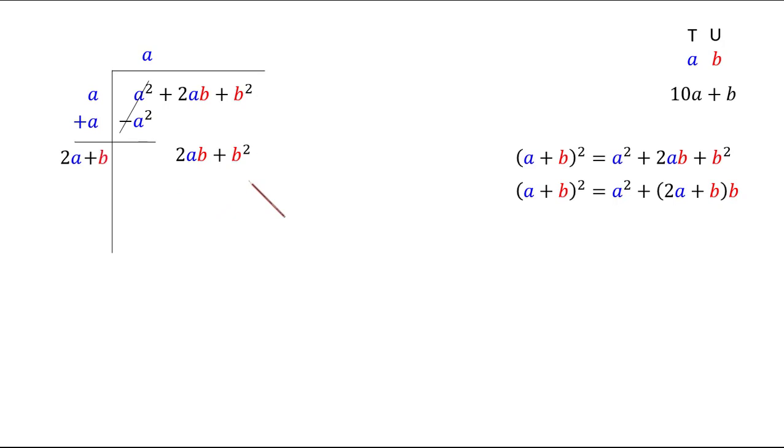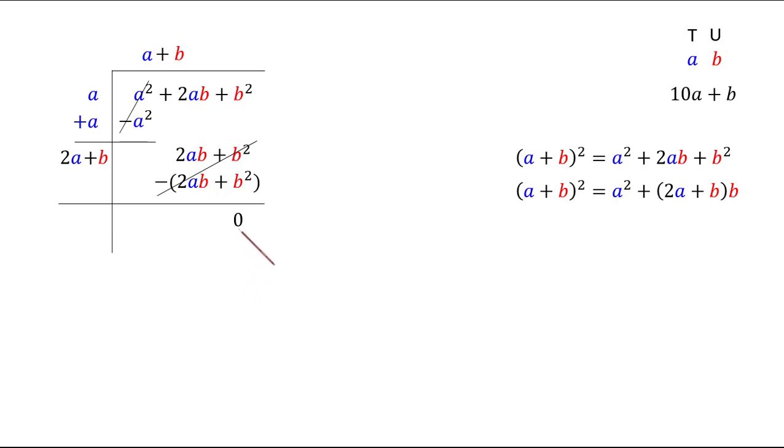So we keep on experimenting and we finally arrive at a number. So that's b. So (2a plus b) multiplied by another b gives us 2ab plus b squared. And then we subtract this to get a 0. Of course, this should get a 0 if it's a perfect square. Otherwise, there will be some residue left.